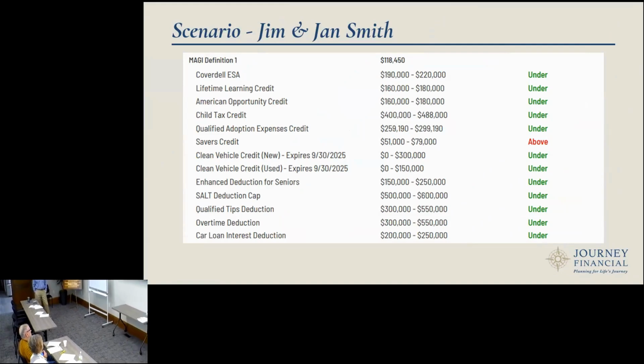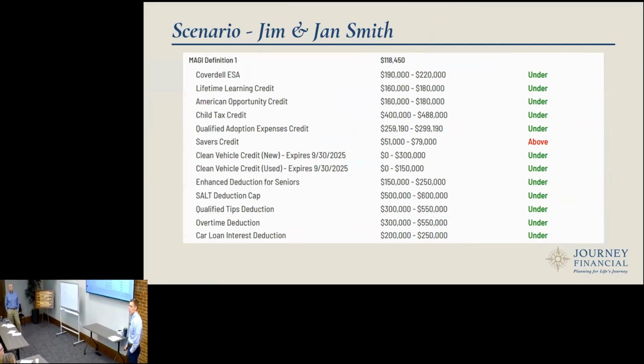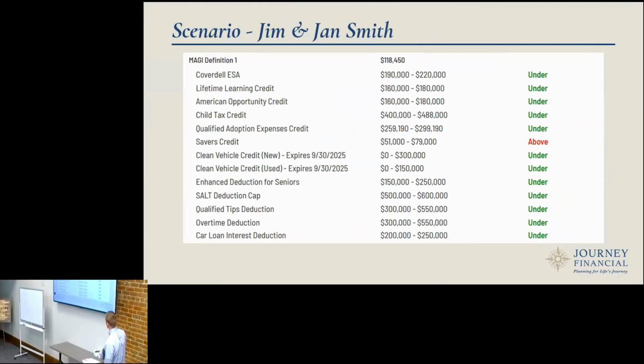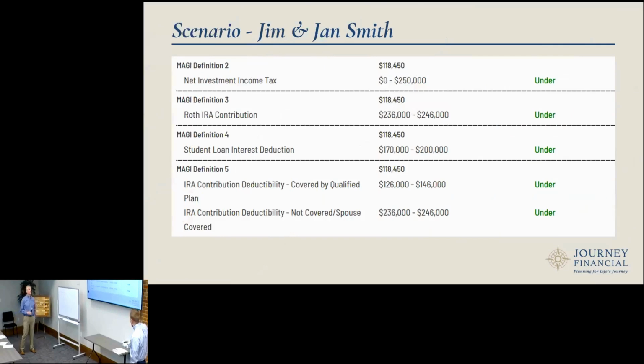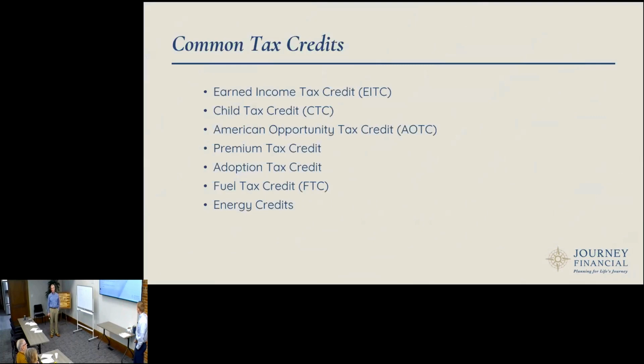There are a lot of different deductions, credits, and phase-outs that we have to be aware of, and that number drives them. Then here we go with just a few other ones. Roth IRA contribution is usually pretty important and one we pay attention to. The net investment income tax too. All important things that, depending on where your income is, drive whether you qualify or not.